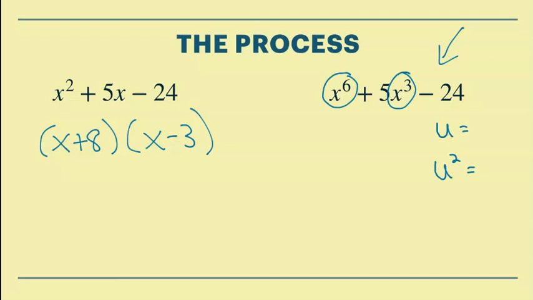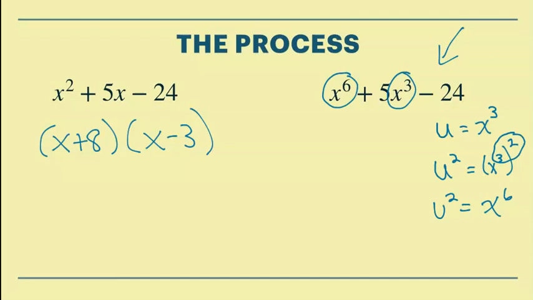So U in this case is going to be x cubed. U squared is going to be x cubed squared. All right, so I'm just taking what I decided U was and I'm going to square it. But in exponent land, this is doubling. We're going to do 3 times 2 there. So U squared, when I simplify it, is x to the 6th.